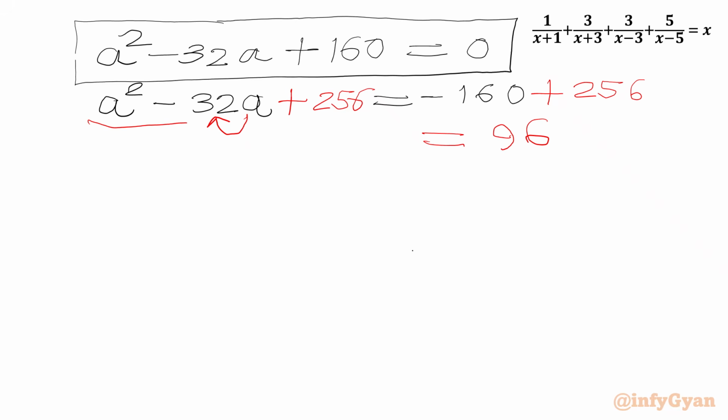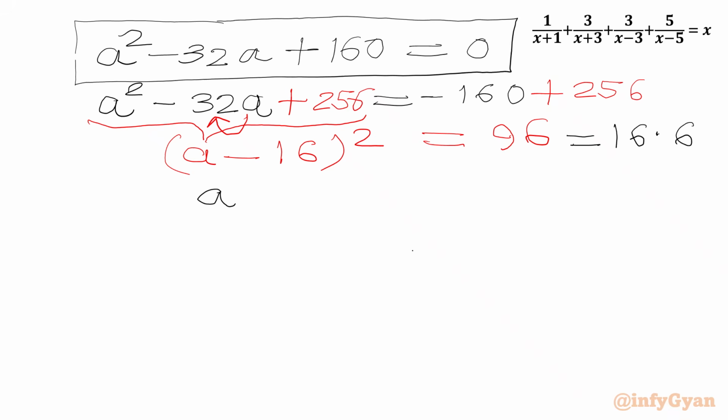And in LHS, from these three terms, we can write a minus 16 whole square equal to 96. And 96 can be factored as 16 times 6. Now we will take the square root of both sides. So a minus 16 will be equal to plus minus square root of 16, which is 4, times square root 6.